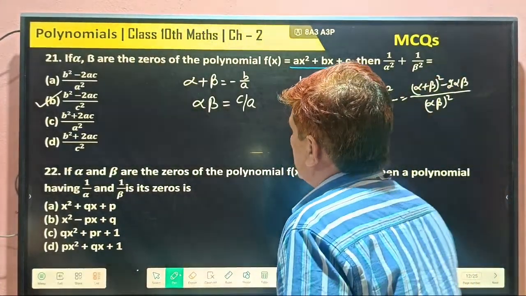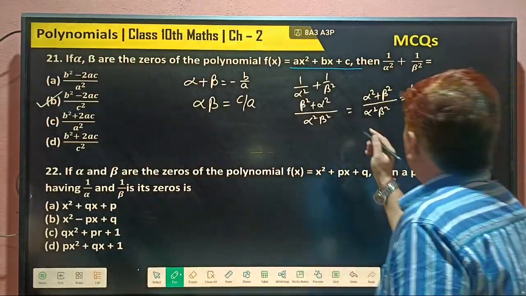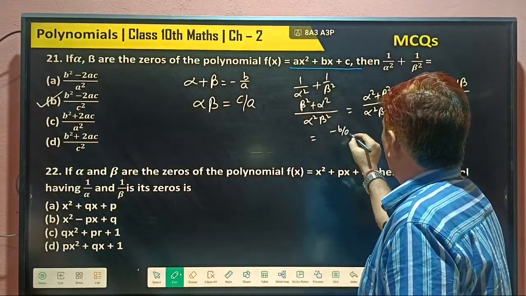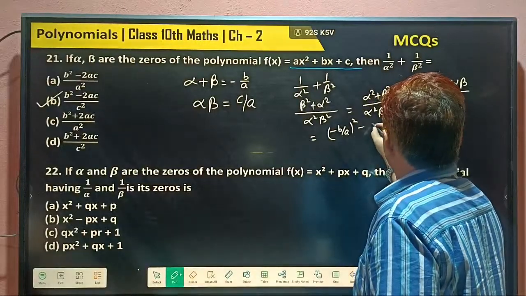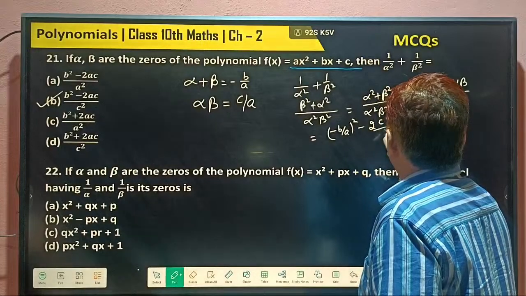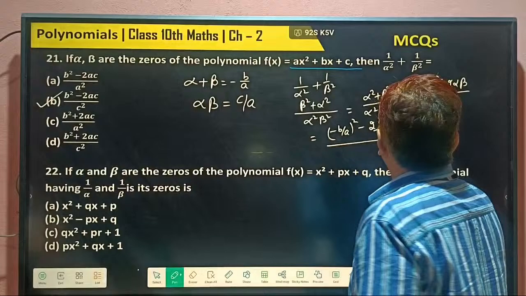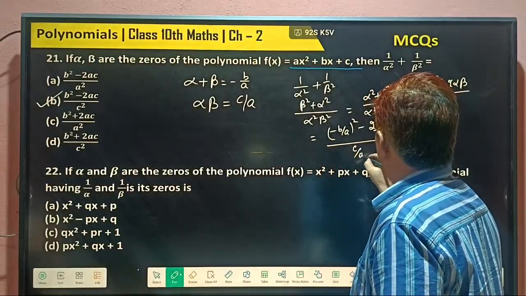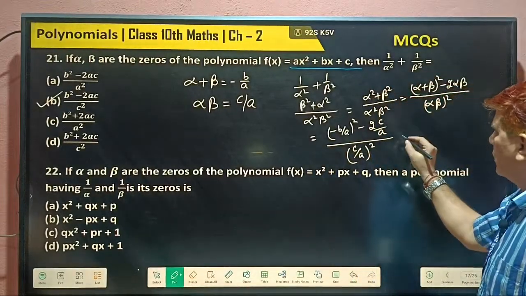Understood? What's your alpha plus beta? Minus b by a. So here we can put the value, minus b by a whole square, minus 2 alpha beta, which is c by a. Very good. Mistake is here. By alpha beta whole square, which is c by a whole square. So what's it become?